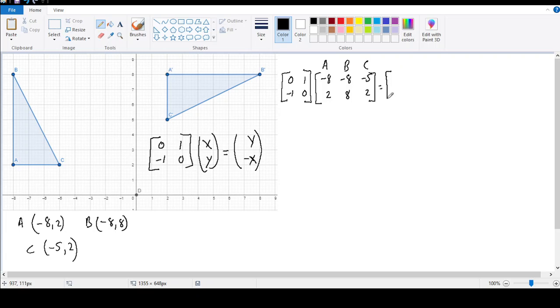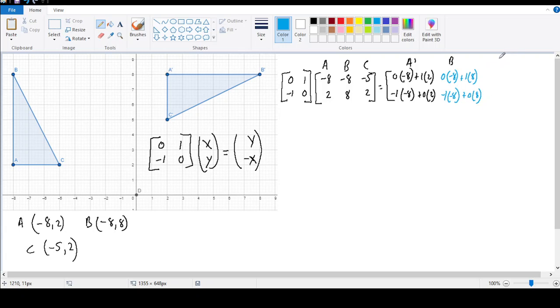When we multiply this out, we are going to be doing row times column. So that gives us 0 times negative 8 plus 1 times 2, then row times column, negative 1 times negative 8 plus 0 times 2. That is for A prime. Then for B prime: row times column, 0 times negative 8 plus 1 times 8, then negative 1 times negative 8 plus 0 times 8.